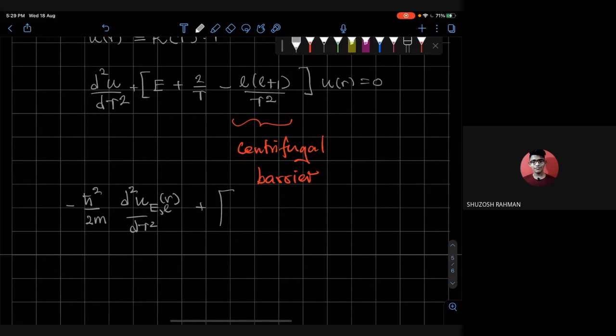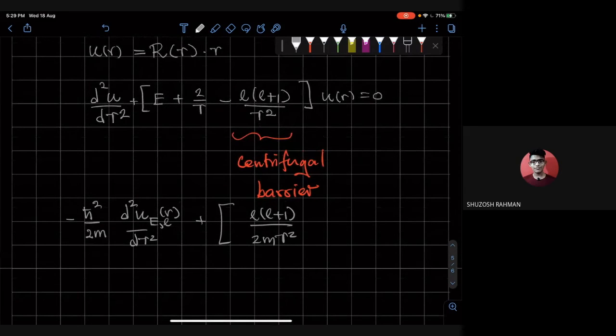And then we had l(l plus 1) divided by 2mr squared. This is the centrifugal term. And then we had V of r, the potential, then u_El of r, so r is not a vector, is equal to E u_El of r.